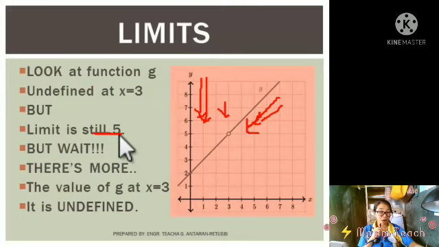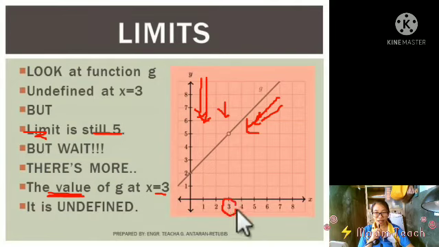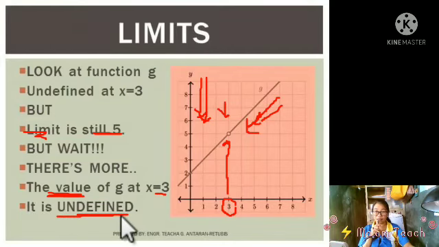But if the question is, what is the value? Take note, the value is different from the limit. If you were asked for the value at x equals 3, that's where the hole comes in, and that's where undefined comes in. Can you follow the difference between the limit and the value?